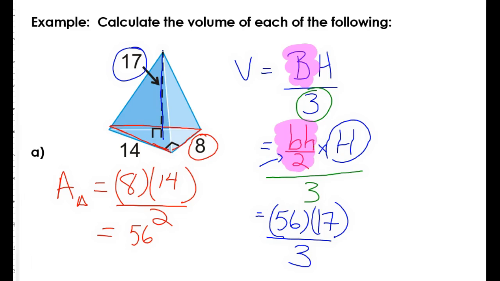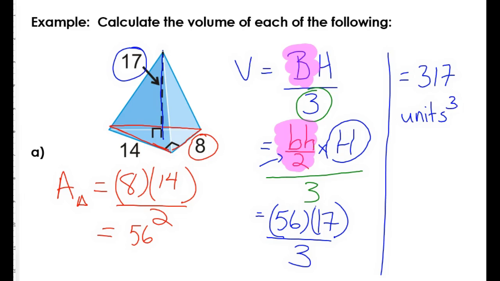So 56 times 17 divided by 3 ends up giving me, if I round to the nearest whole, 317 units, but they're squared units, so I'm going to write, or cubed units rather, so units cubed because it's volume, and volume always has cubic units.